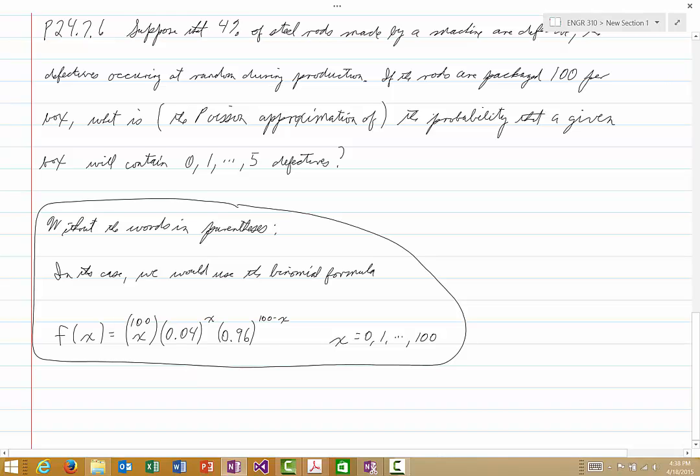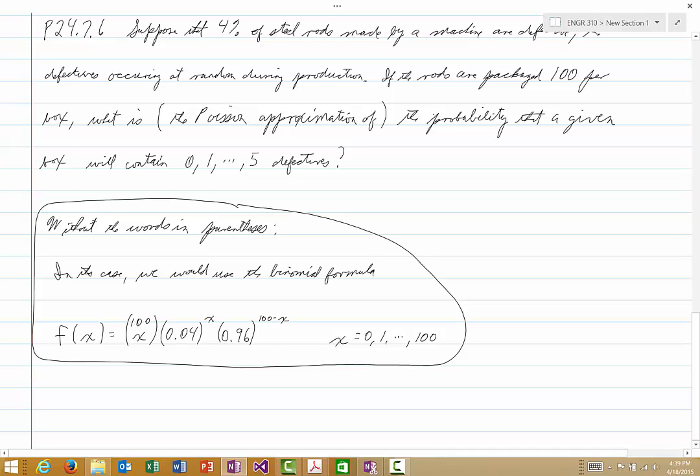X could go all the way up to 100, and let's say that x were equal to maybe 93. 0.04 raised to the 93 power would be quite a small number, and if you were doing this on a handheld calculator, you might run into some error depending on the number of decimal places that the calculator actually retained in calculation. So that's the only difficulty. But this value right here is exactly correct.